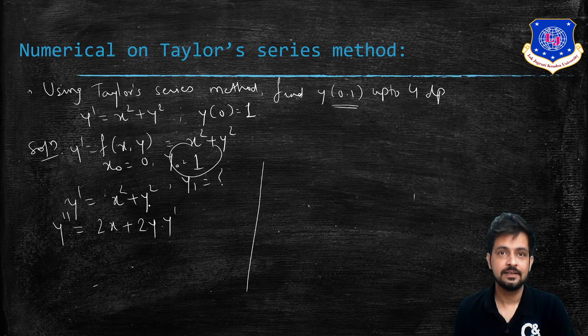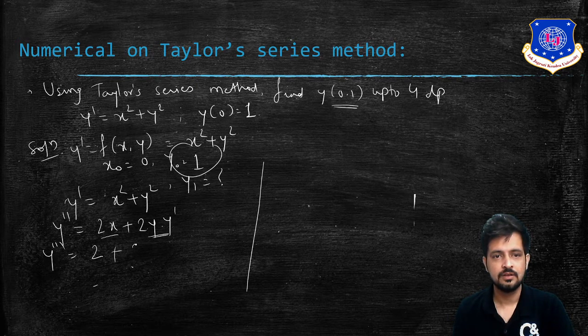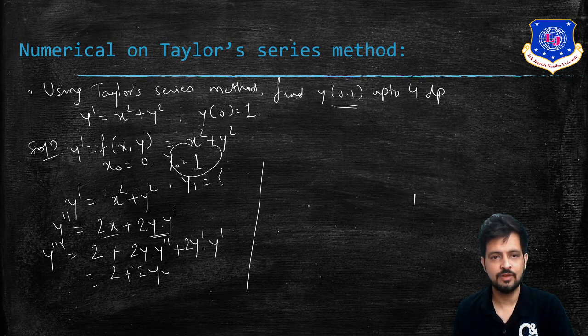Because if you remember, in the explicit function y is a function of x, so we have to take y dash here. y triple dash: derivative of 2x with respect to x is 2, plus 2y as it is, derivative of y dash is y double dash, using the multiplication rule, plus 2y dash as it is, and the derivative of y is y dash. So it can be written as 2 plus 2y y double dash plus 2y dash square.